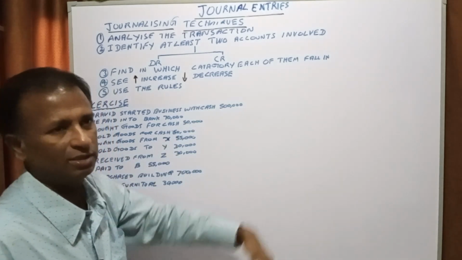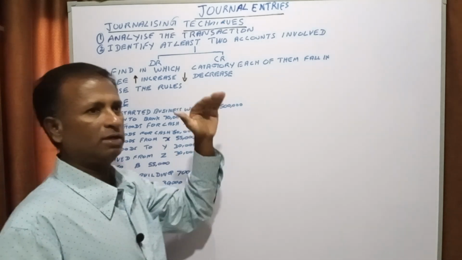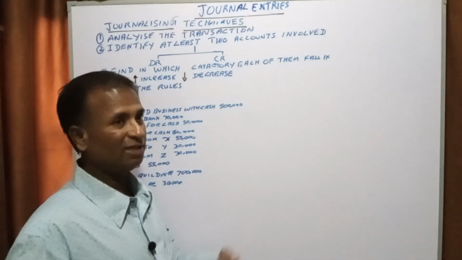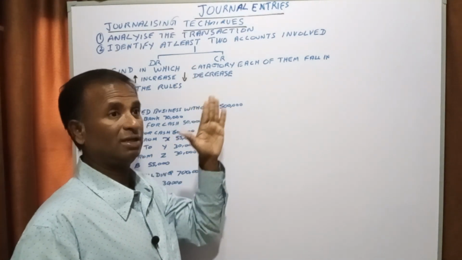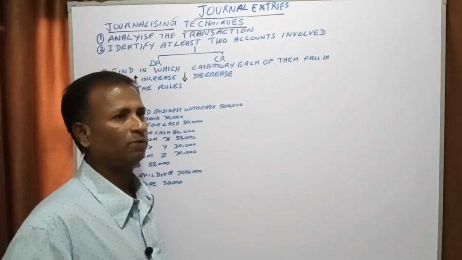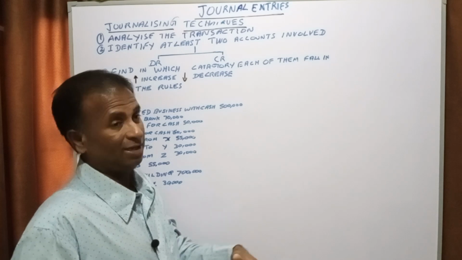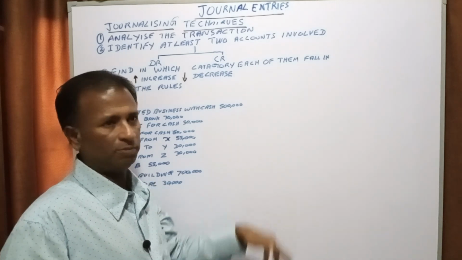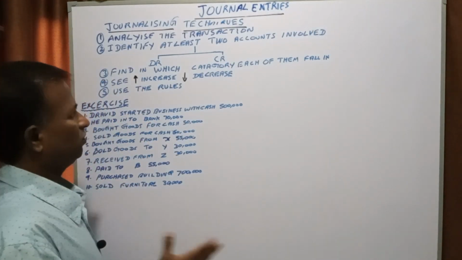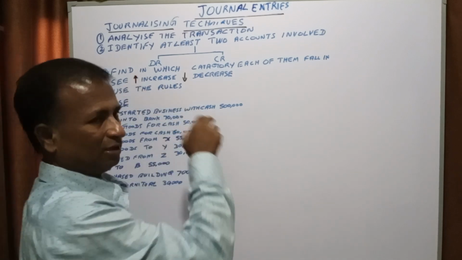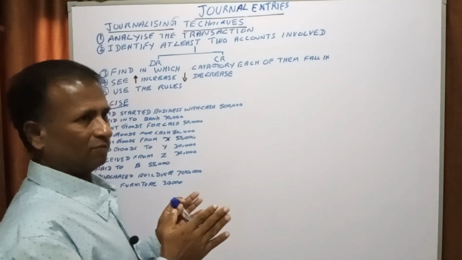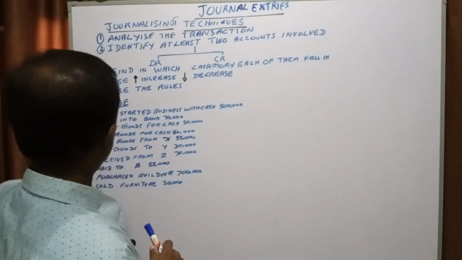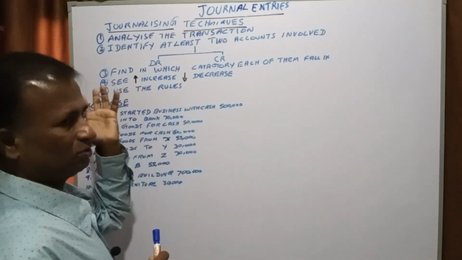Increase in revenue is credited, decrease in revenue is debited. Expenses, increase in expenses, debited. Decrease in expenses, credit. Likewise, liability. Increase in liability is credited, decrease in liability is debited. So that is what we want to see, the increase and decrease in such accounts, right? Use the rules, debit and credit, use the rules.